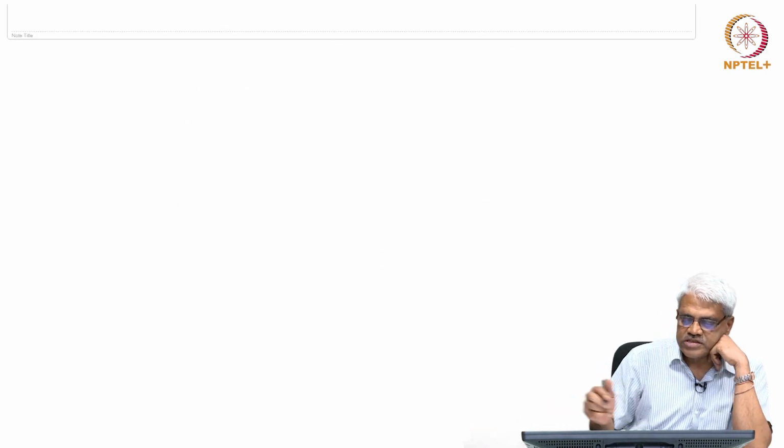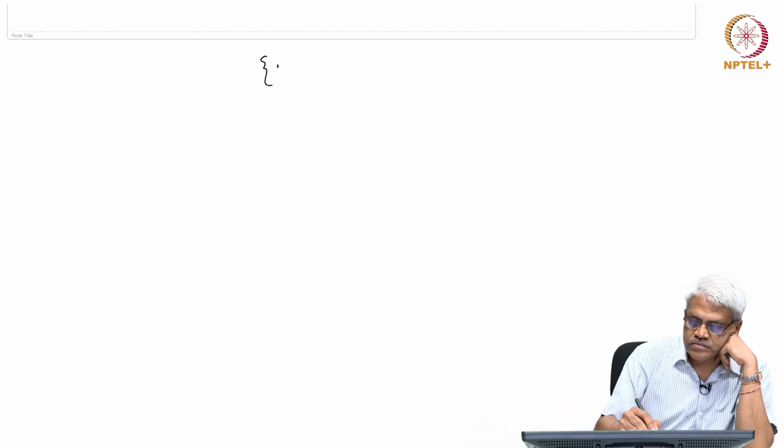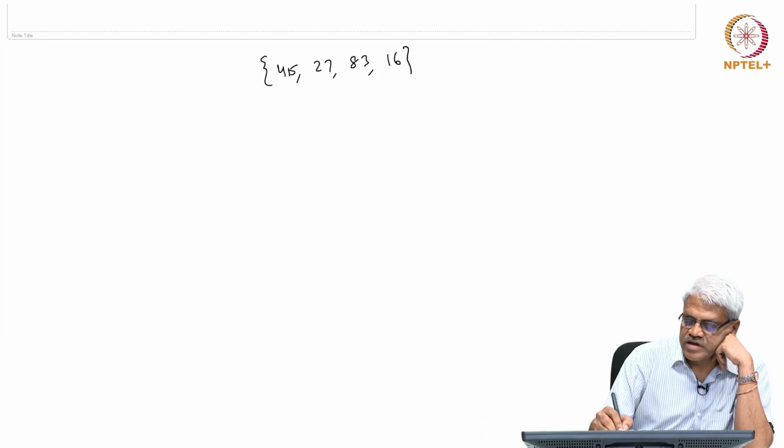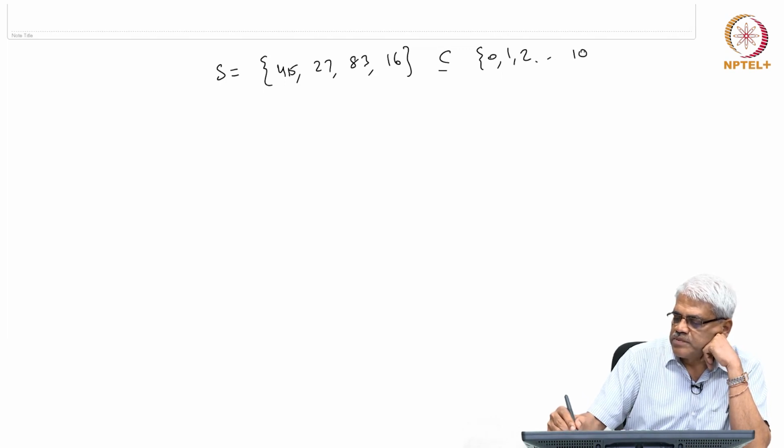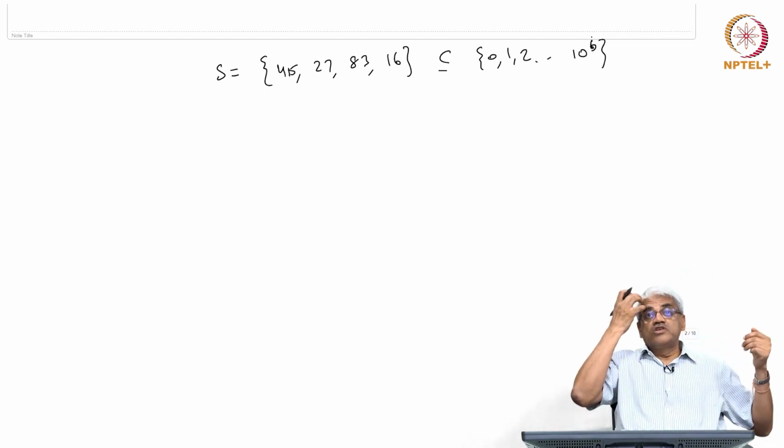Right. So my user says here is a set, 45, 27, 83, 16, is a set I want to represent, and you are told that this is in the range 0 to 10 power 6, whatever, because I do not know where the values are coming from.